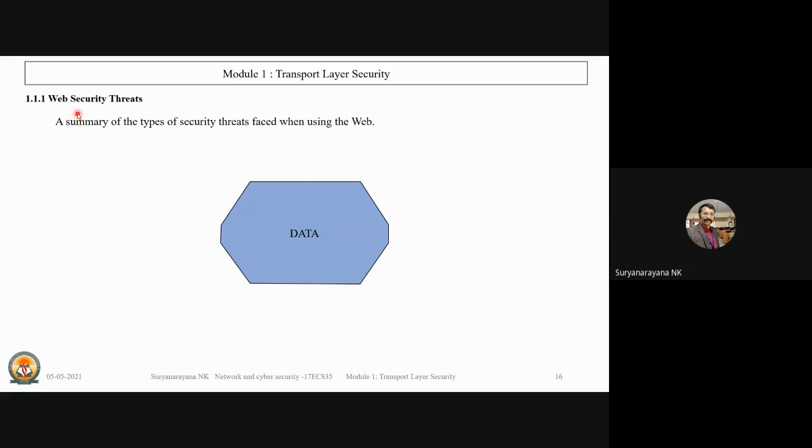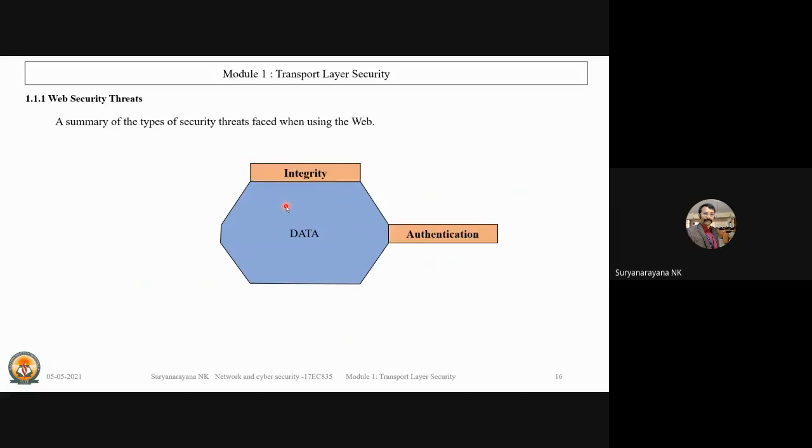What are the different types of threats we are going to see in this slide? The most important critical parameter which is shared when we use the web, that is the client server model, is data.